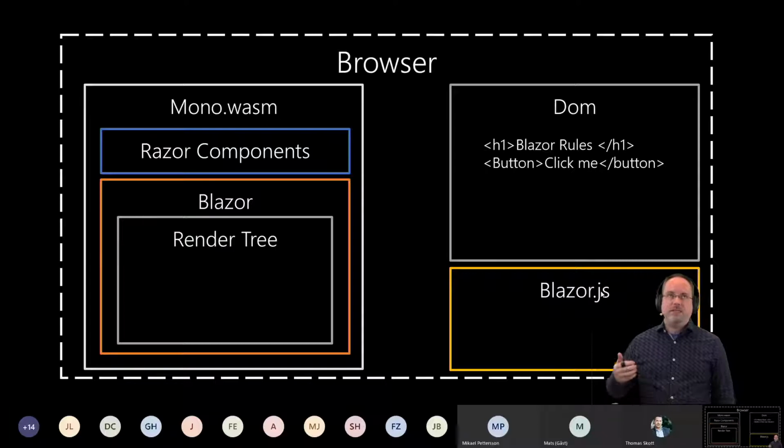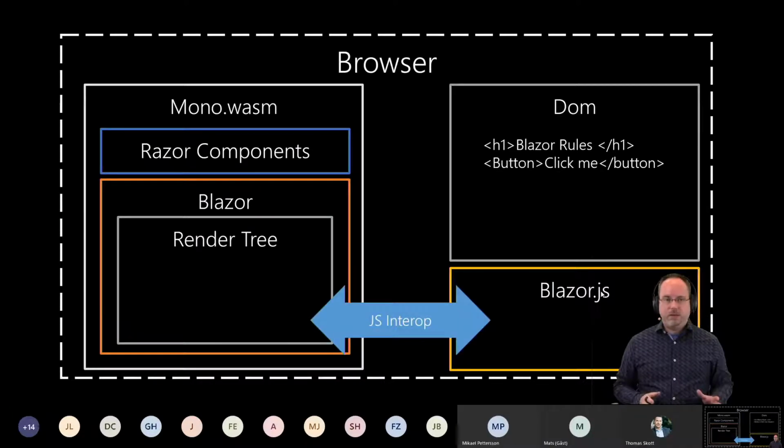The mono runtime is executing your Razor component that is generating a render tree that is going to update the DOM. But we're not using SignalR. We're using direct JavaScript interrupts instead, because WebAssembly doesn't have access to change the DOM. So you need something in between. Server side is SignalR, in WebAssembly it's JavaScript interrupts.